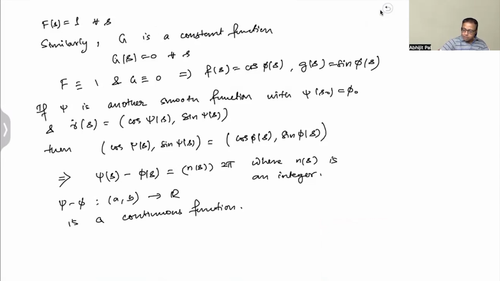So the image of psi minus phi is a discrete set, and because it is a continuous function defined on the open interval AB, the image will be connected. The image is connected, but it is also a discrete set. So the only possibility is that psi minus phi is a constant function.